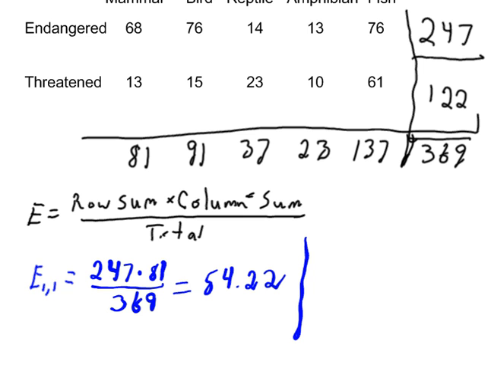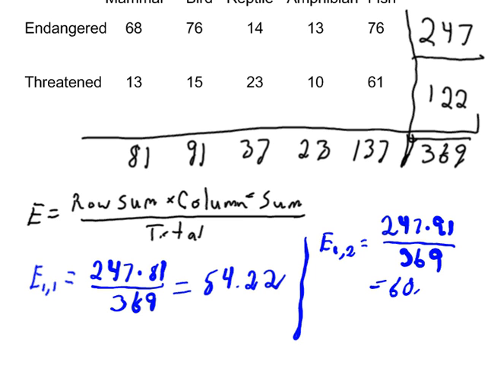As we look at E12, which stands for first row, second column, that's 247 times 91 over 369, which is 60.91.